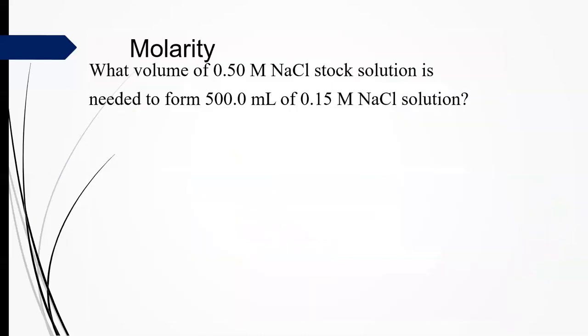So let's try this. What volume of 0.50 molarity NaCl is needed to form 500.0 milliliters of 0.15 molarity NaCl? So we know that we have 0.50 moles of NaCl per 1 liter.